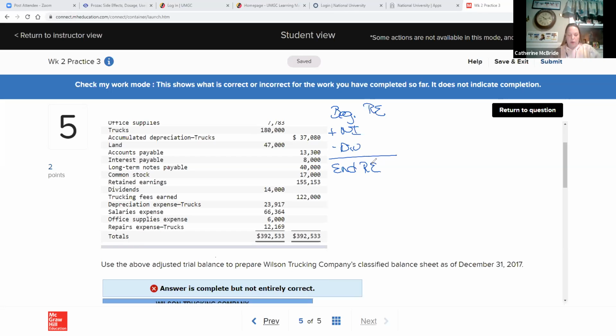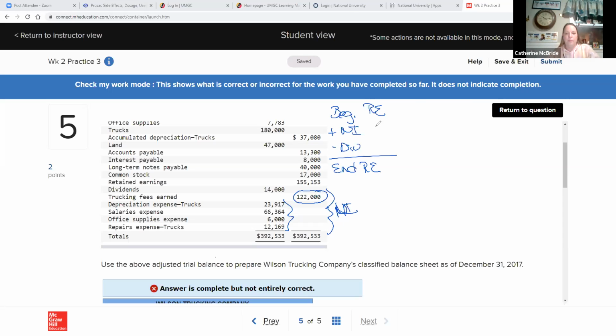So what we're doing here is we're going to say, okay, our revenue was our trucking fees earned minus our expenses. So our net income is going to be 122,000 minus 23,917 minus 66,364 minus 6,000 minus 12,169.